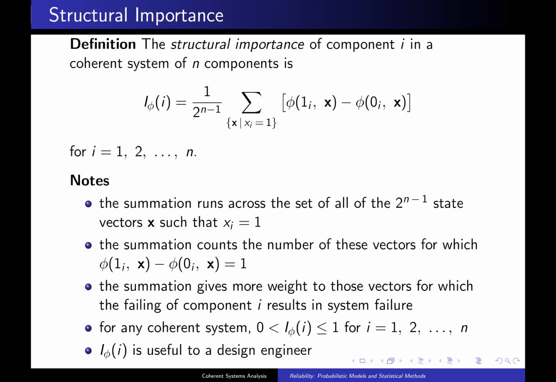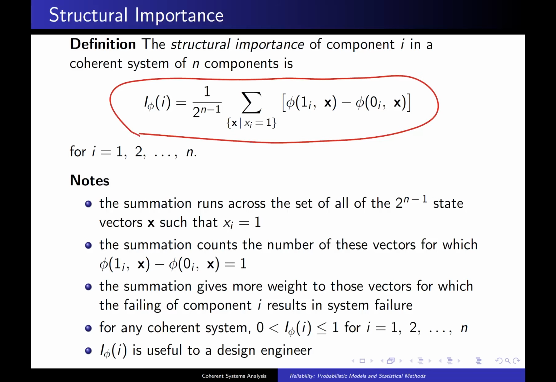Okay, let's formalize that in a definition. The structural importance of component i in a coherent system of n components is this expression right here, and it is denoted by I sub phi of i. Here's the term that we were looking at on the previous slide. This is kind of an unusual summation here.